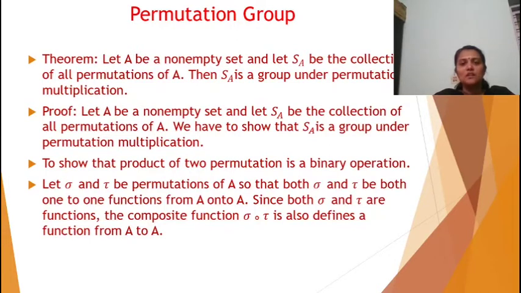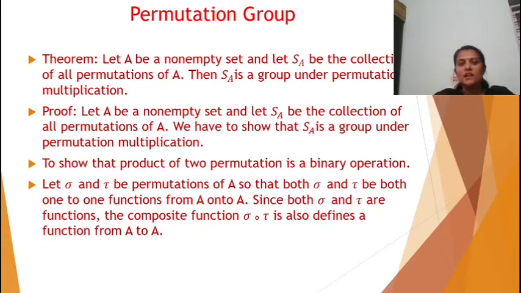Before that we start with the given concepts. Let A be a non-empty set and let SA be the collection of all permutations of A. Now we have to show that SA is a group under permutation multiplication. First we show that the product of two permutations is a binary operation.